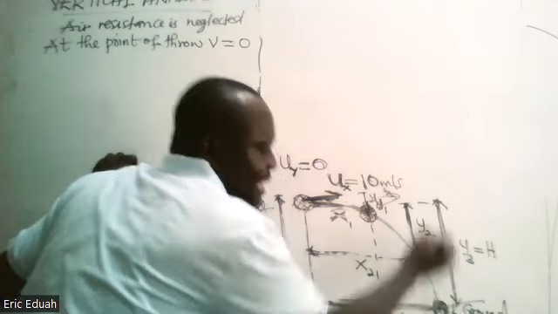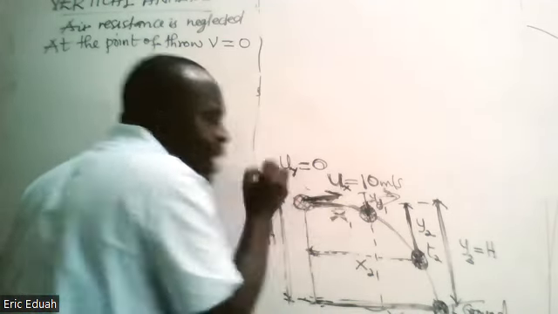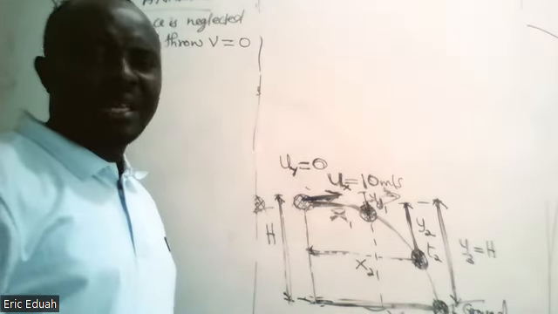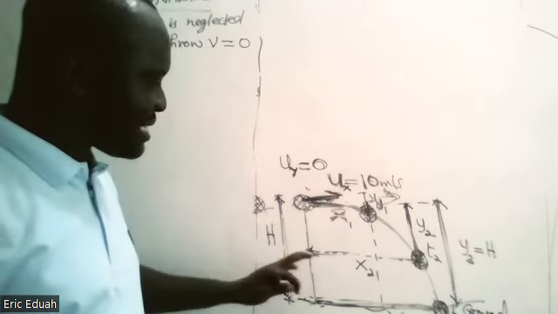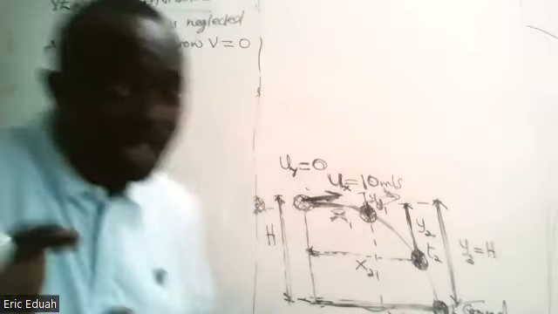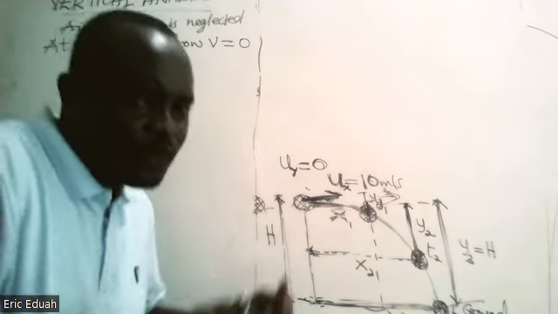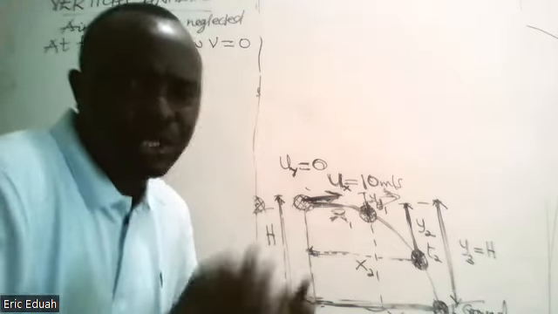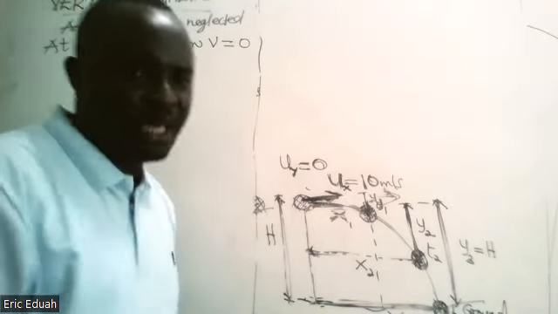After T3, it has y3. But at the very beginning, it has no y component. So the initial vertical velocity is 0, but as time goes by, it will be free falling, just as you said, and so it will begin to have velocity with respect to time. As time increases, its velocity too will be increasing.